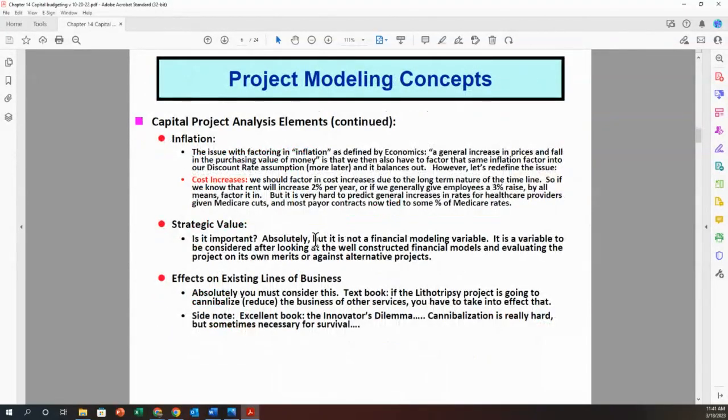So, project modeling concepts, inflation. Yeah, you've got to factor in inflation in your modeling. We don't really talk about it too much in anything we've done so far with the break even. We did a little bit, I think, in the case study. It's more important just because you've got a long time horizon.